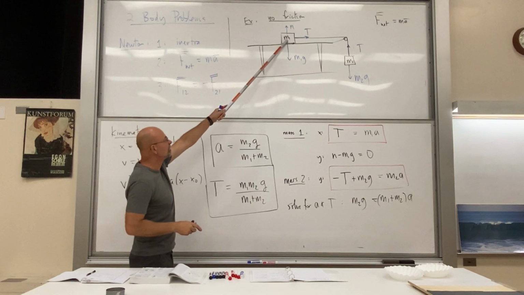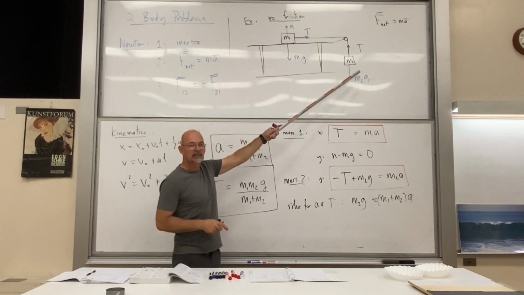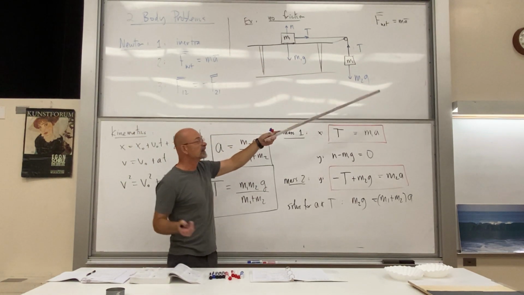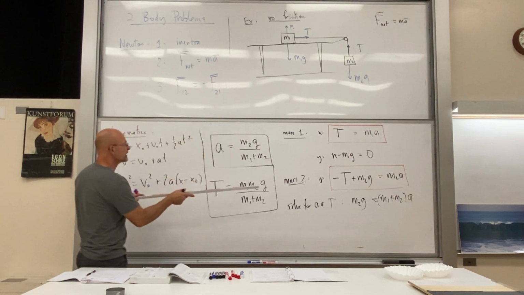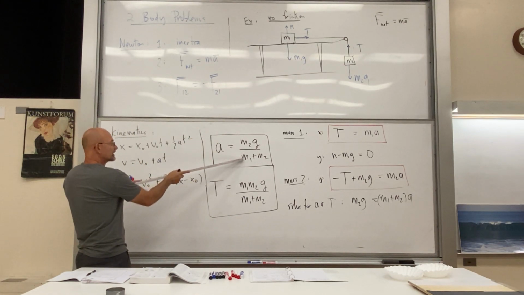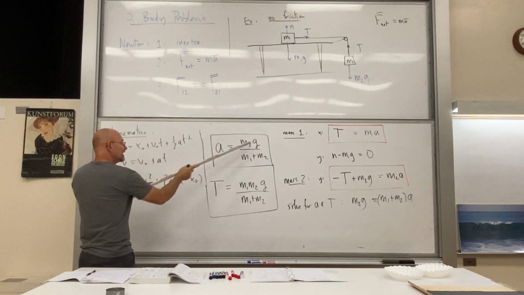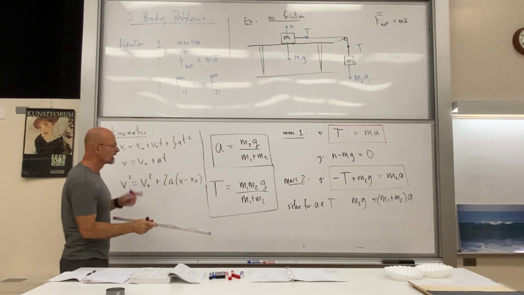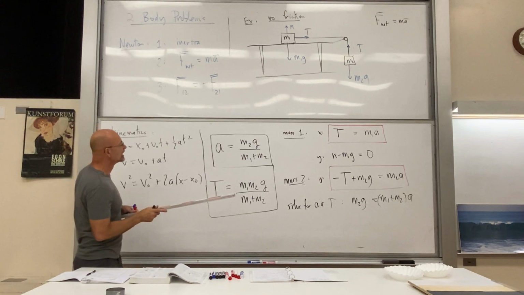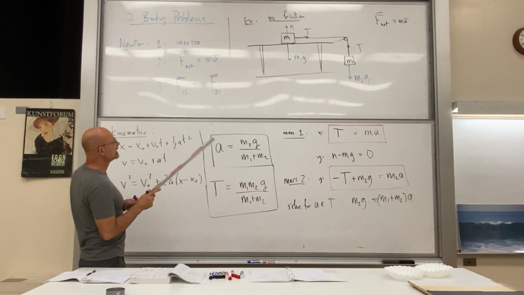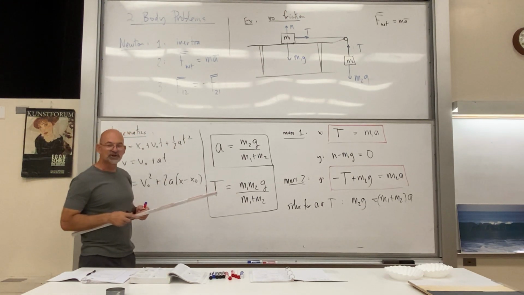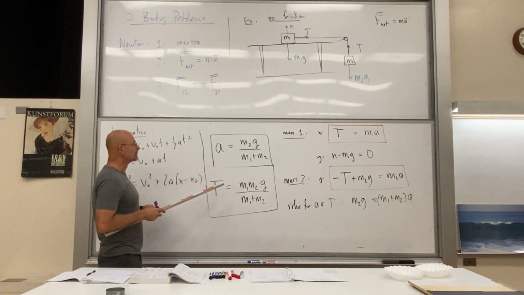Then M2 is just going to be in free fall, right? If M1 is 0, we have M2 divided by M2, that's just 1, so A is just equal to G. So that makes sense. What if M1 is much, much larger than M2?